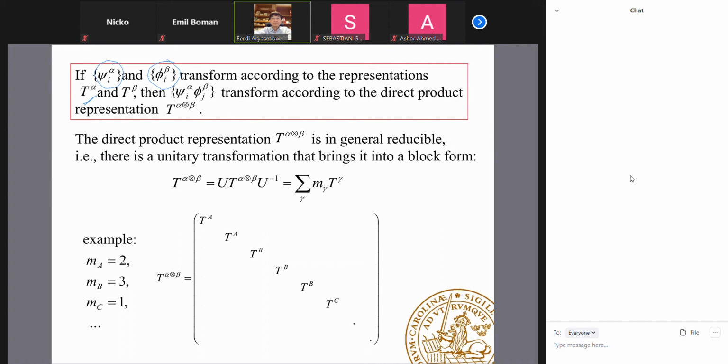So the functions can be arbitrary. The important property is that they transform according to the irreducible representations. So if we have these two sets of functions, psi alpha I and phi beta j, that transform according to the irreducible representation T alpha and T beta, then the direct products of these functions transform according to the direct product representation T alpha beta.